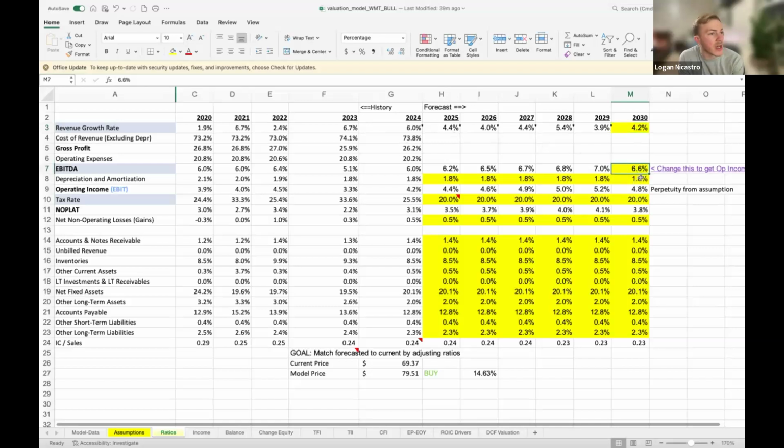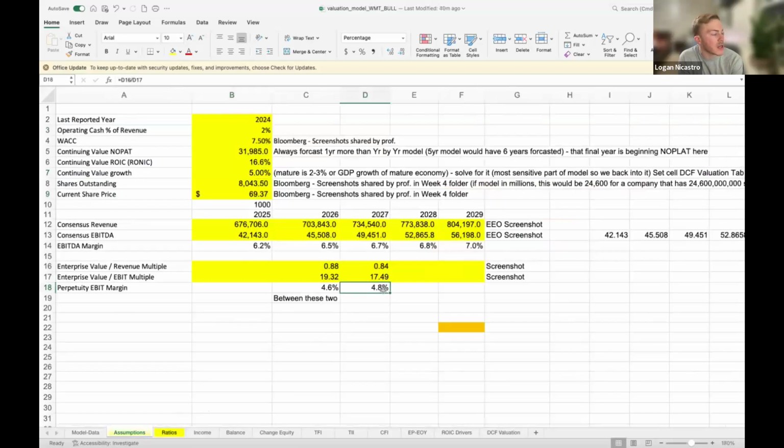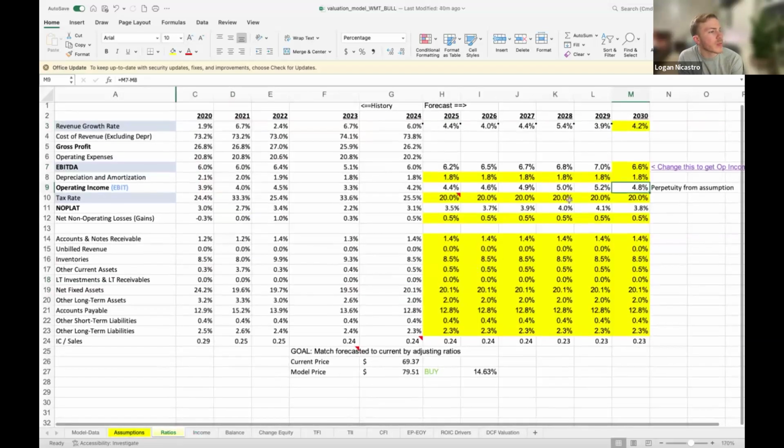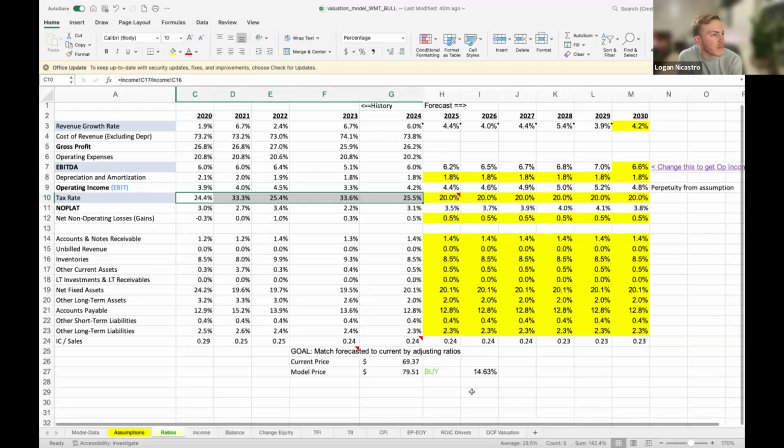For EBITDA, we put it at 6.6, which ended up getting us to that EBIT margin, which is on the top end of the analyst estimates. The other thing we changed is we reduced the tax forecast to 20%, just assuming that, maybe in the near future, policies might change and Walmart might find a way to reduce their tax rate, which over the last was at around 28%.